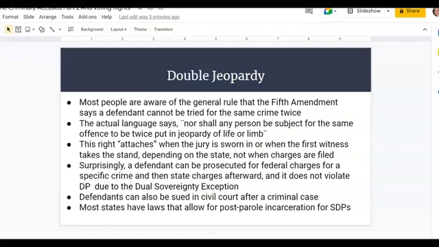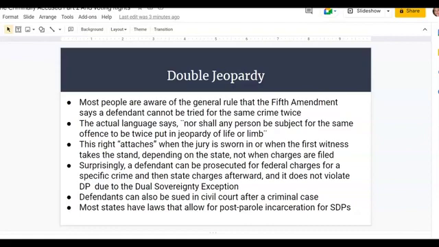So, long story short, if you rob a bank, it's almost always going to be in federal court. But stemming from the same incident, there could be some state charges afterward, and it would not violate the double jeopardy rule. And that's due to what's called the dual sovereignty exception.